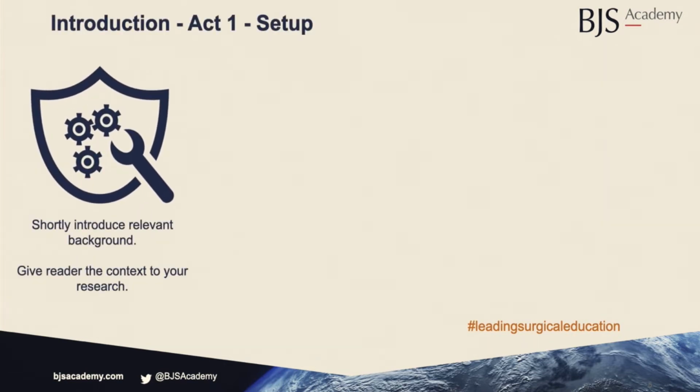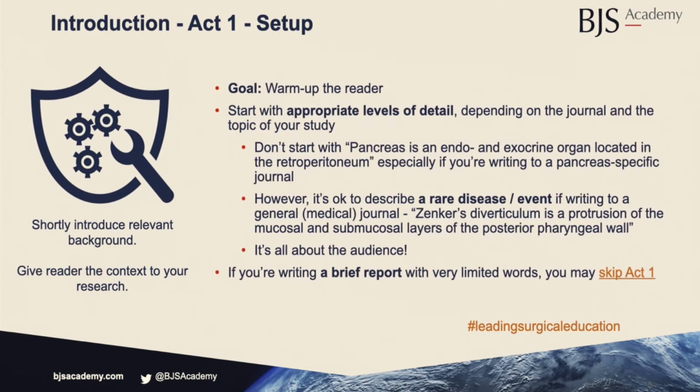So here in the setup act, the goal is to warm up the reader. You start with appropriate levels of detail, and this depends on the journal and the topic of your study.